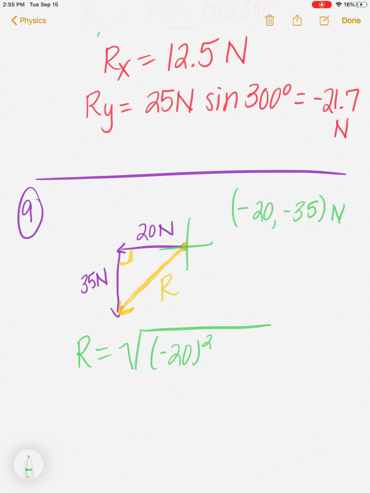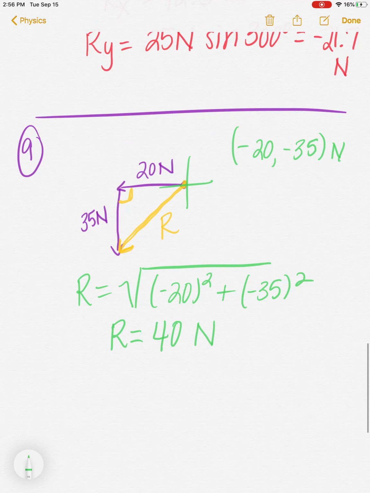So you've got the square root of negative 20 squared plus negative 35 squared. Give me a minute while I figure that out. All right, so I have a resultant value of approximately 40 newtons.